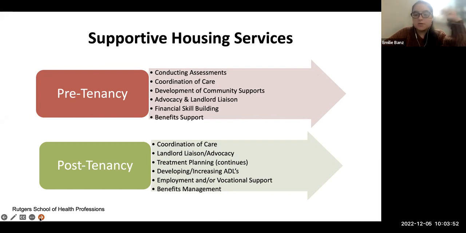Because that's going to be continuous, developing and increasing ADLs, maybe doing some employment or vocational supports, and then doing benefits management. So for everybody out there in supportive housing services, are these the different types of services you are currently providing to the individuals you work with?